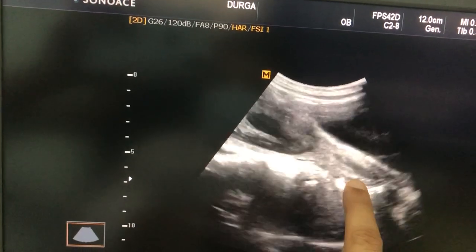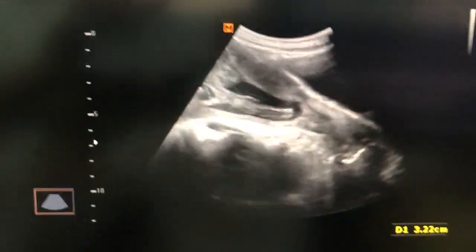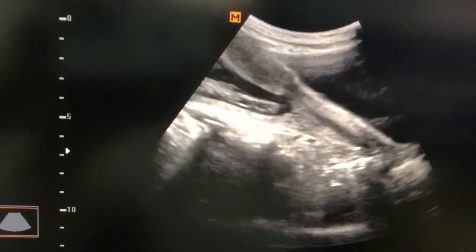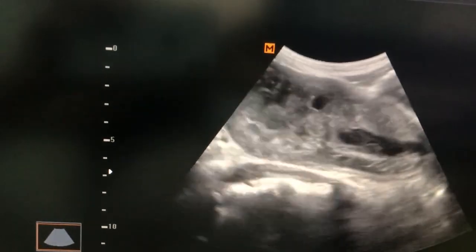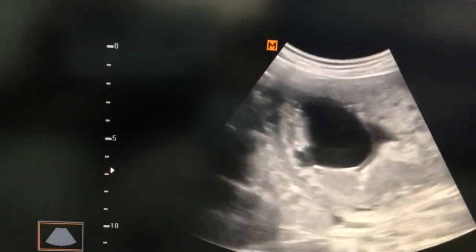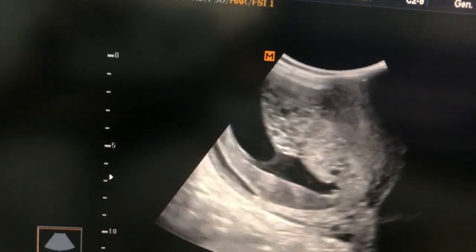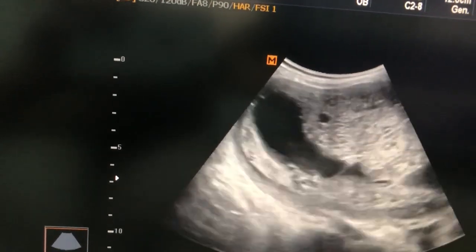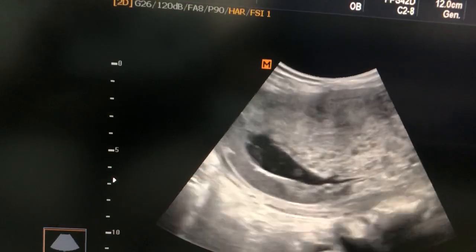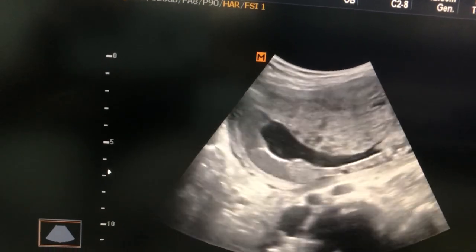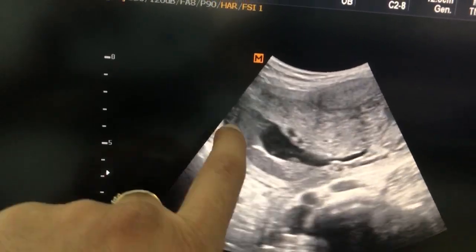This is the cervix. Cervix is normal in length. This is the subchorionic bleed.